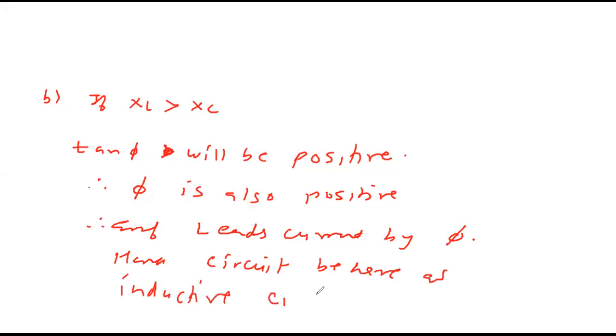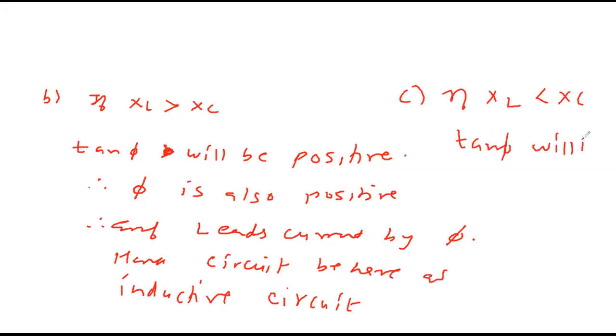Inductive circuit will be leading. If it were pure, it would be 90, but because it is a combination of R and L, it is not 90. Phi can be 10 degree, 20 degree, 30 degree, 40 degree, and so on. Inductive circuit, therefore positive. If XL is less than XC, then tan phi will be negative. Tan phi negative means phi is negative.